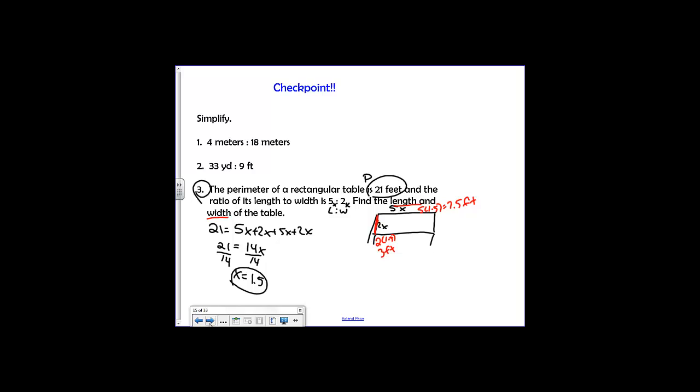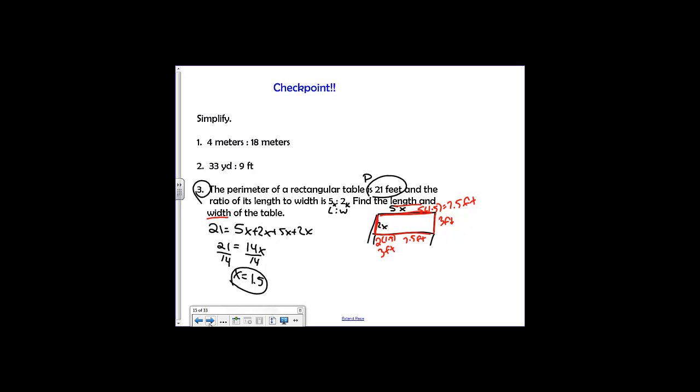So this is 3 feet, this is 7.5 feet. That means that's also 3 and this is also 7.5 feet. Did I do it right? What's 7.5 plus 3? 10.5, and what's another 10.5? 21. Did we do it right? Yeah, that's the perimeter I started with.